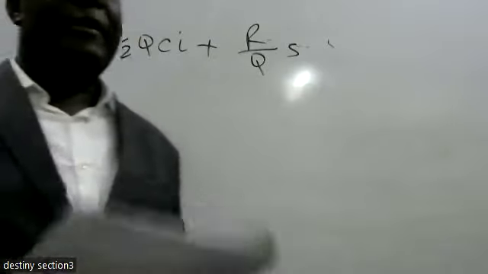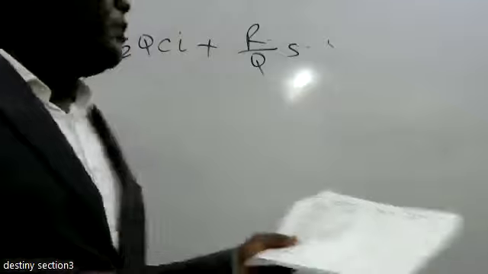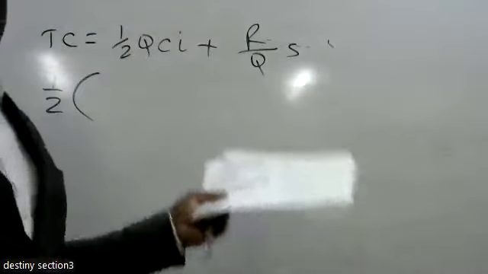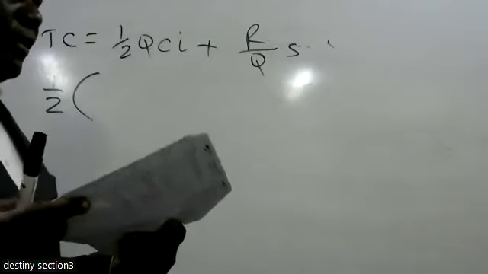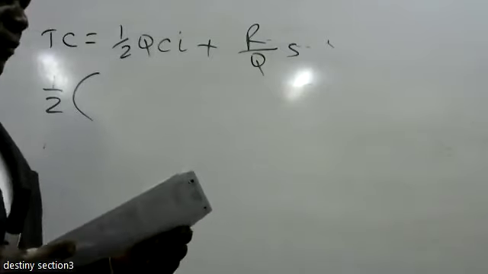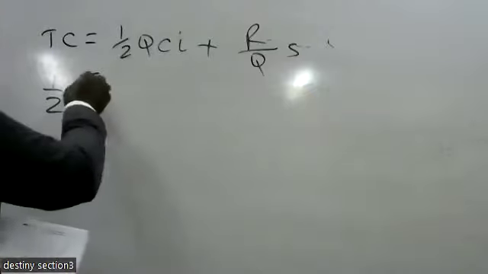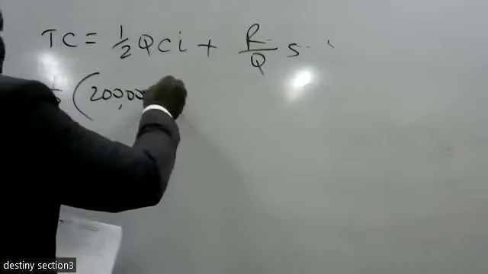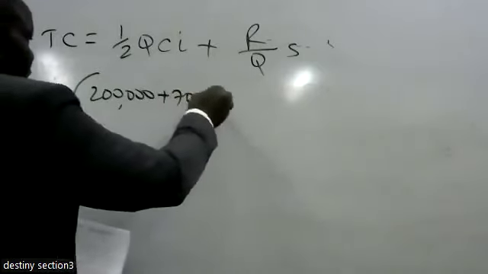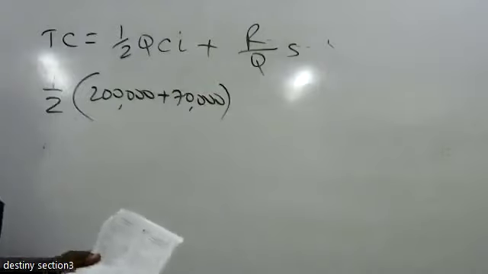Already the 70,000, they are keeping it in the store, so it should also be taken into account when calculating the holding cost. Apart from the Q of 200,000 units, I would also add the 70,000, which is not part of the Q, but it is in the store.